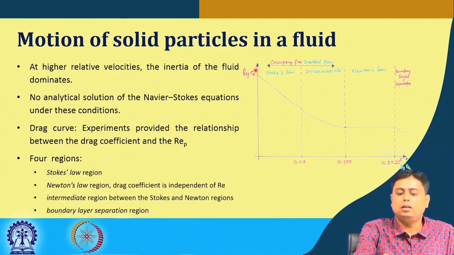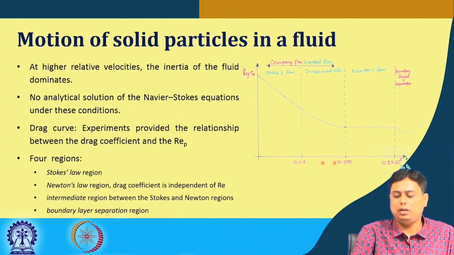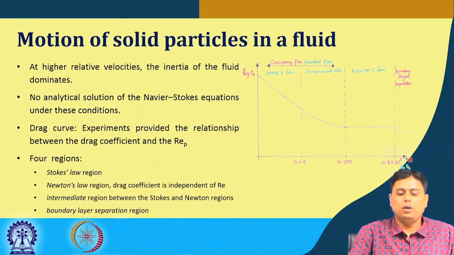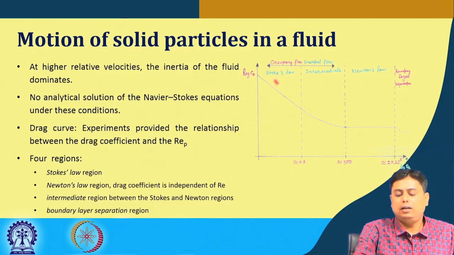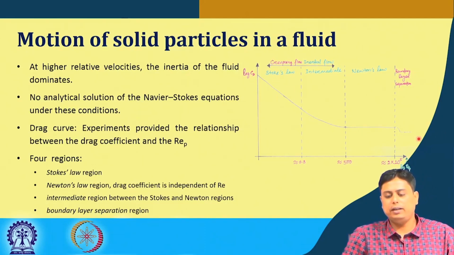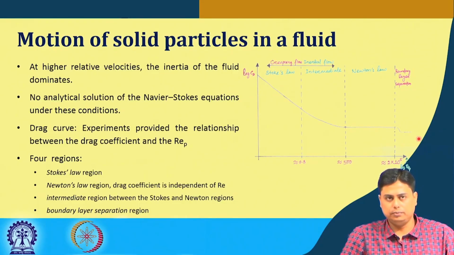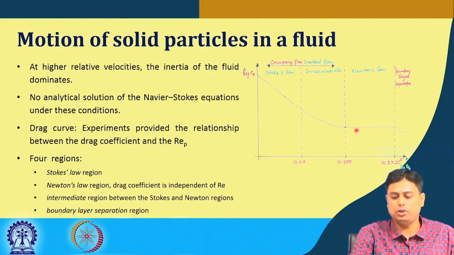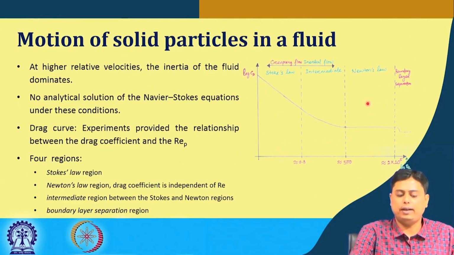So, here the y axis is log CD and this is log Rep. We can see that this whole plot can be divided broadly into 4 portions or 4 regions. One is where the Stokes' law is valid. One is the portion where the Newton's law is valid.